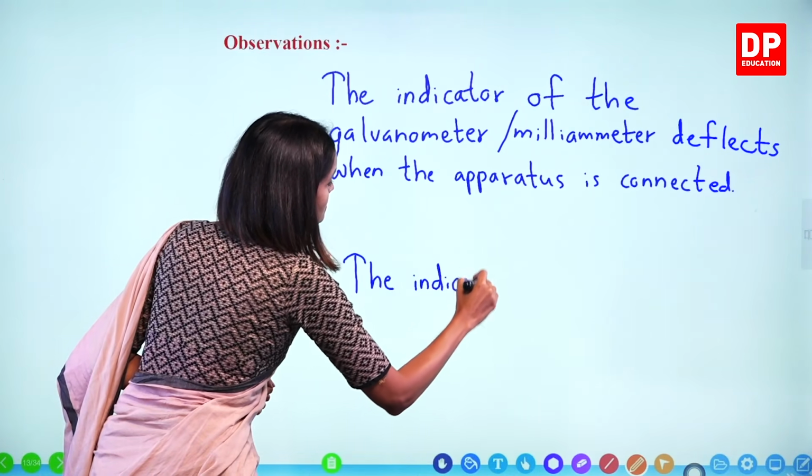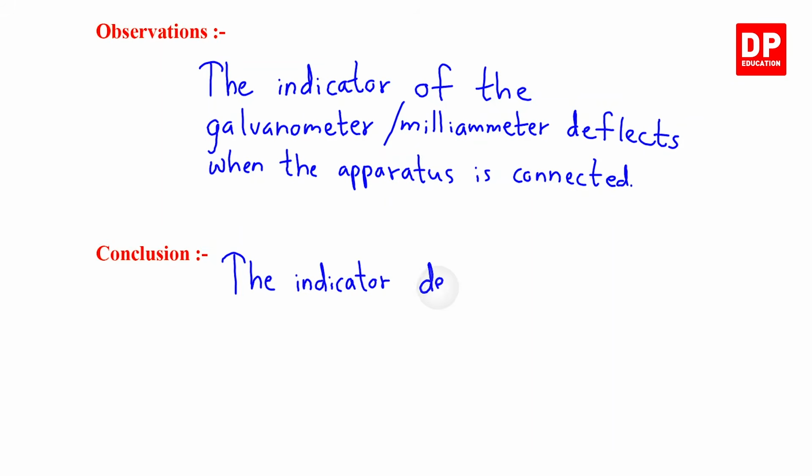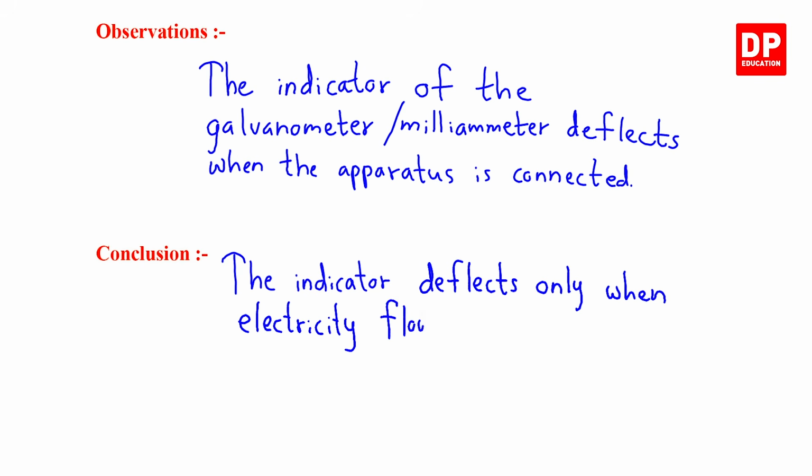The indicator deflects only when electricity flows through the galvanometer.